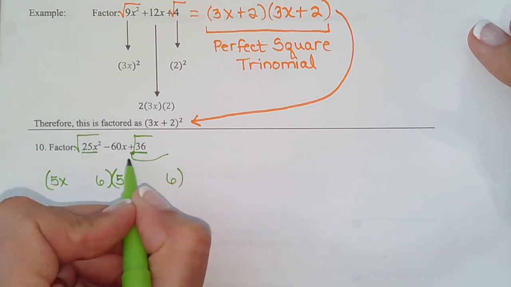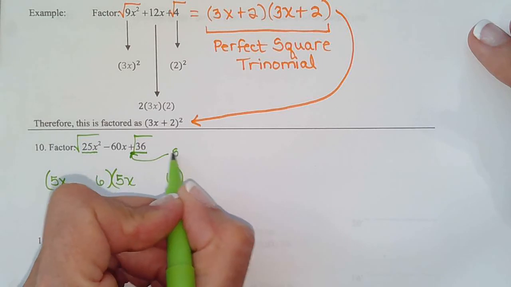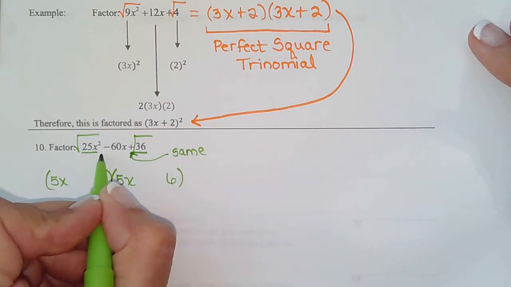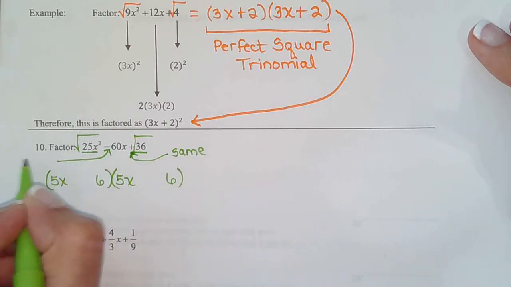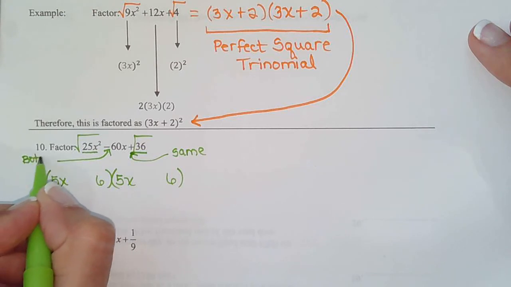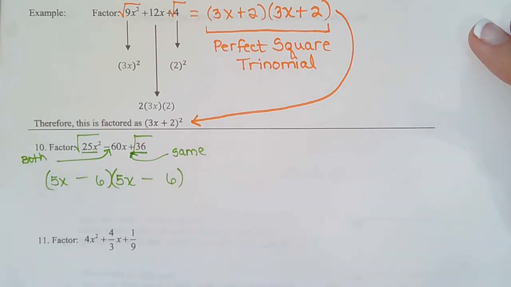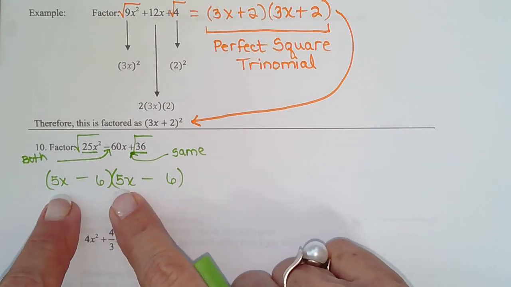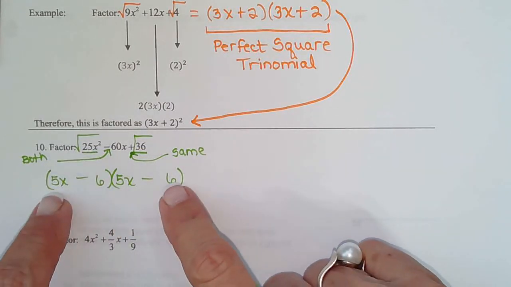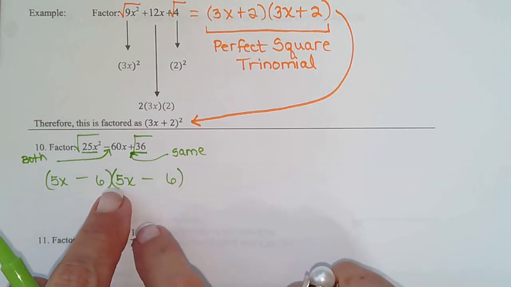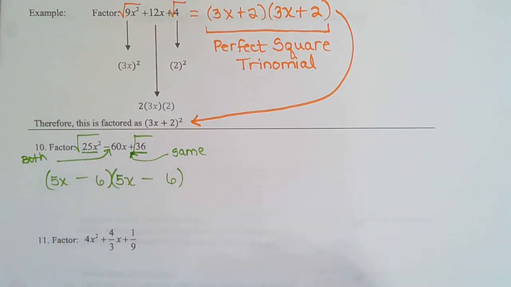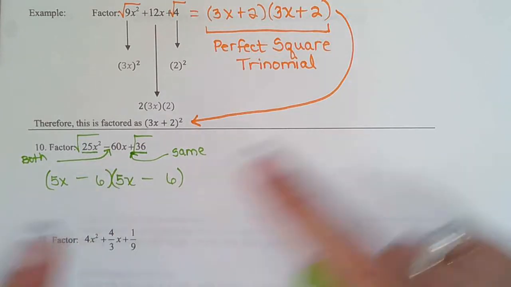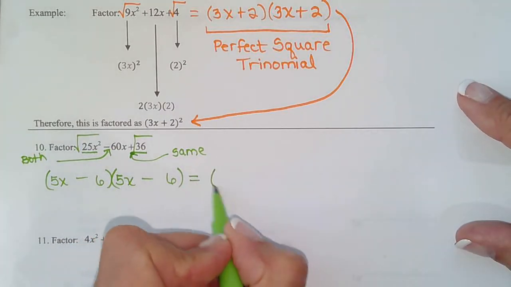This says the signs will be the same. And this says they'll both be negative. So then I have to check it and see if this works. 25x squared, yep. Negative 30x, negative 30x, yep, that's negative 60x, plus 36, boom, it works.